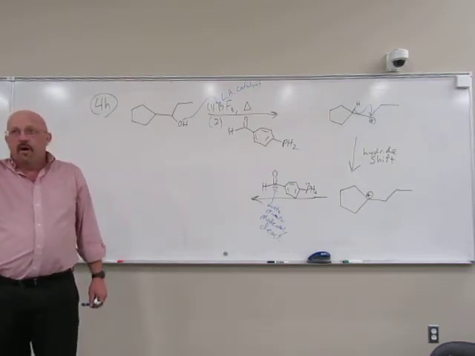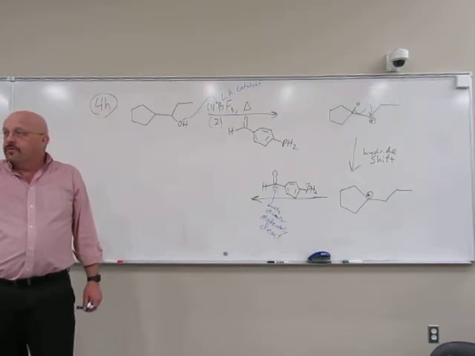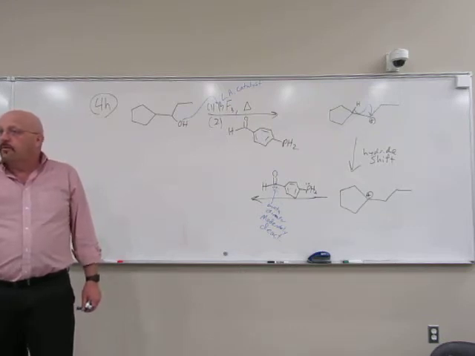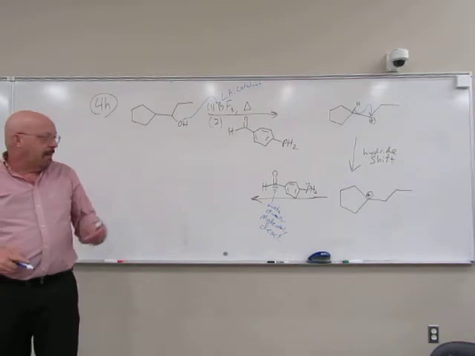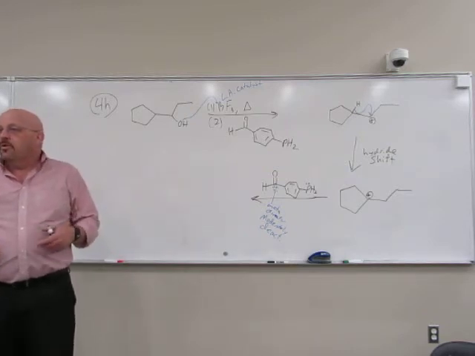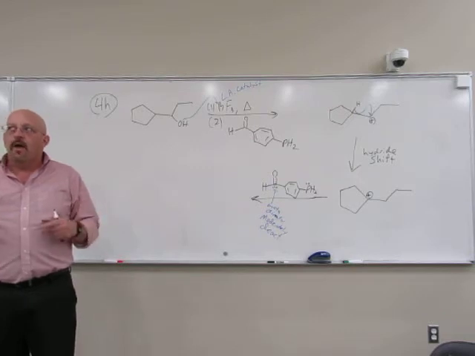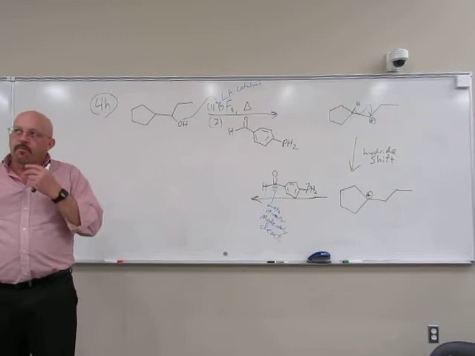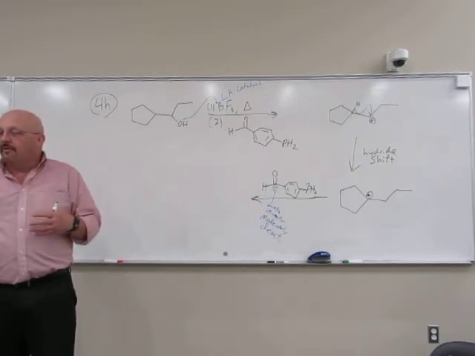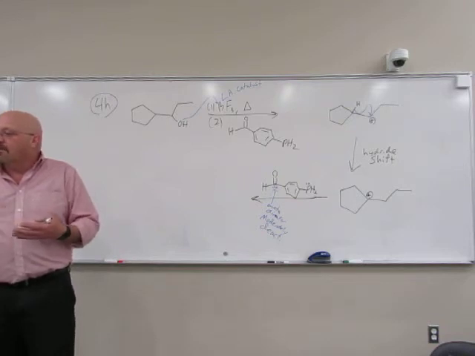On the periodic table, phosphorus is right below nitrogen, so it's going to act probably pretty similar to nitrogen. If that had been an NH2, NH2 is a strongly activating group. Phosphorus might be strongly activating, but since it's a bigger atom, it's probably more moderately activating. But anyway, it's either moderately or strongly activating.